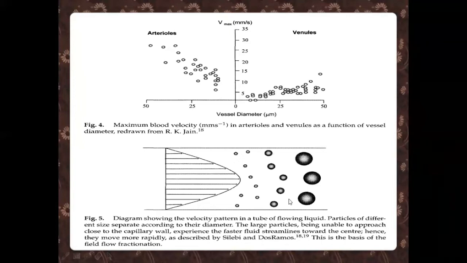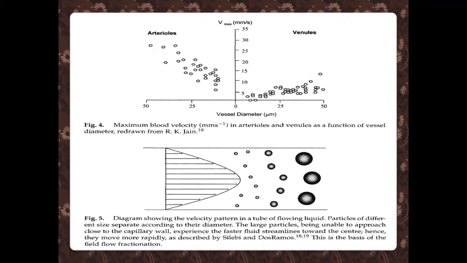And here you can see the next diagram. This diagram is showing the velocity pattern inside a tube or a blood vessel where the liquid flow happens. So liquid is flowing through this tube or blood vessel. What is happening inside?